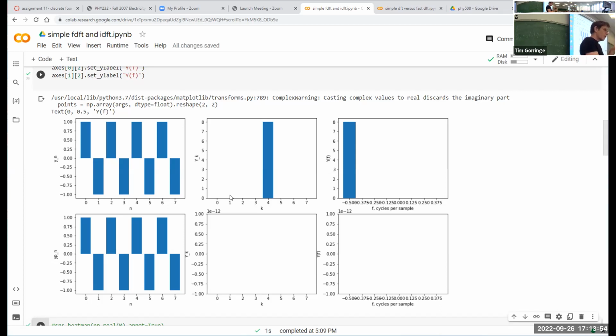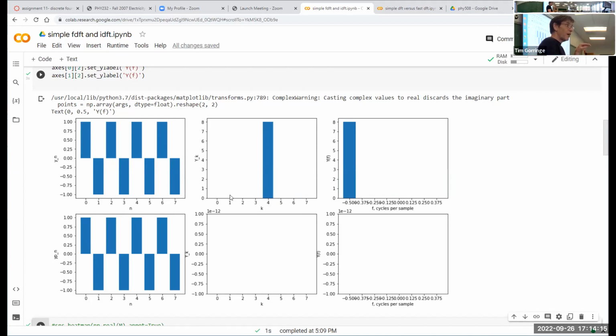Supposing we've taken 8 samples, the shortest period you can see is just 2 samples.